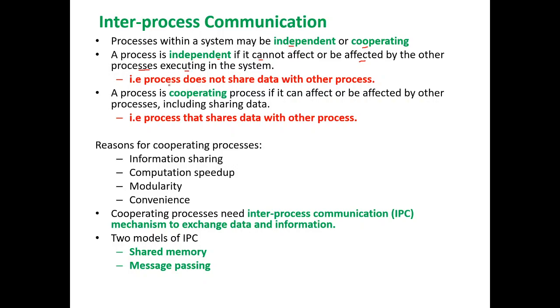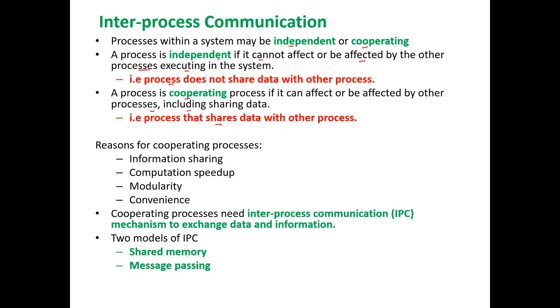That means the processes do not share their data with any other process, they execute independently. Another category of processes is called cooperating processes. These processes may affect or be affected by other processes, including the sharing of data. That means in this situation, the processes share their data with other processes.